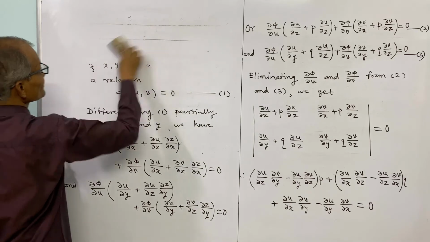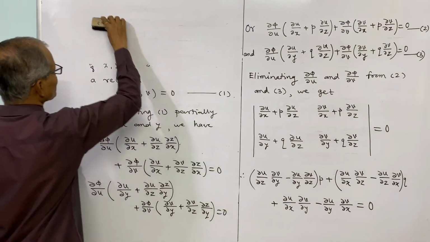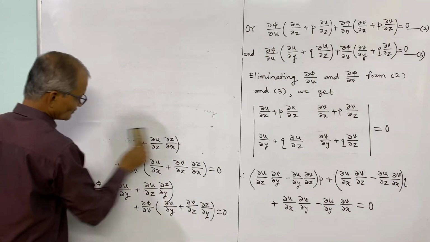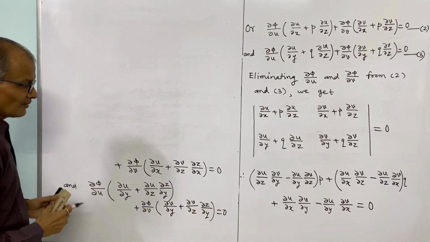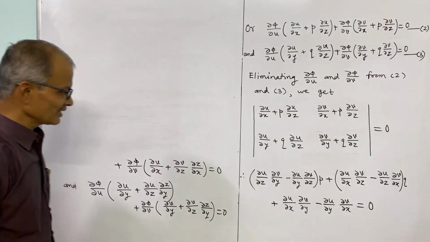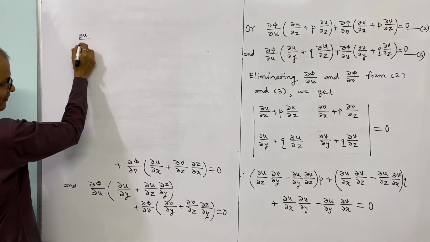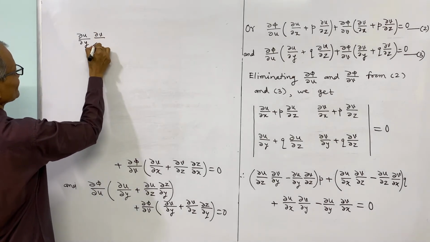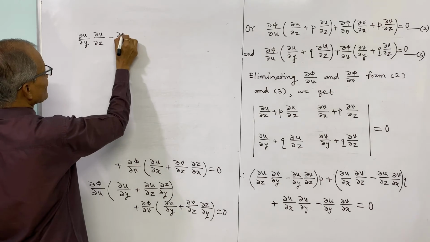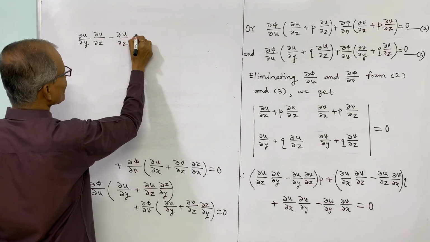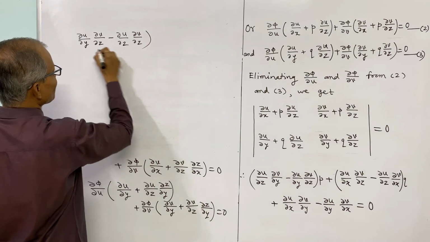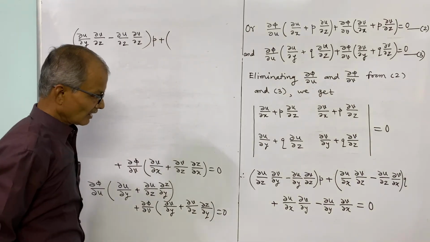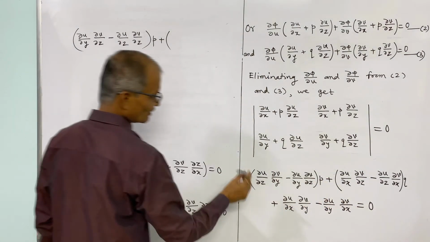So the equation becomes: (∂u/∂y times ∂v/∂z, minus ∂u/∂z times ∂v/∂y), you can verify this, times p, plus (∂u/∂z times ∂v/∂x, minus ∂u/∂x times ∂v/∂z) times q.